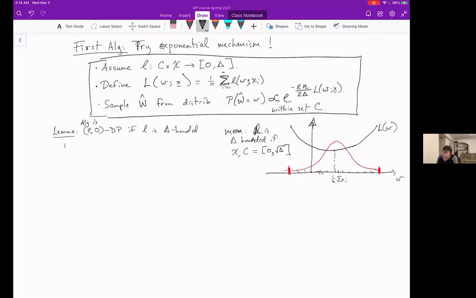And that's because the sensitivity of L is going to be at most delta over n. Okay, and so delta over n, notice, shows up here as sensitivity.